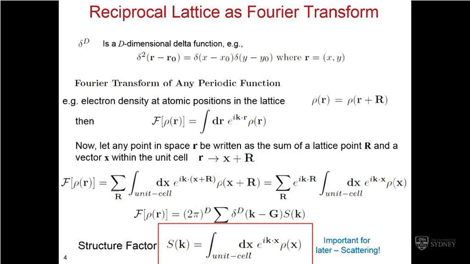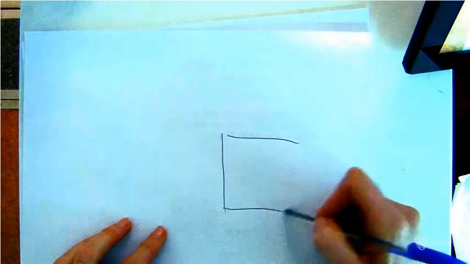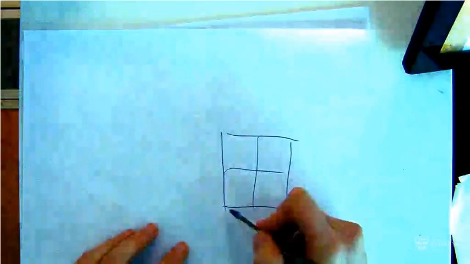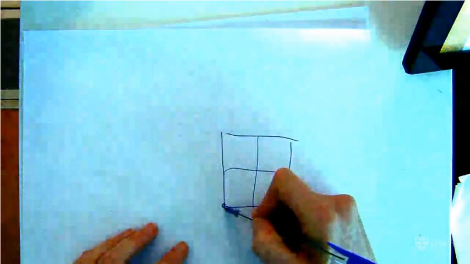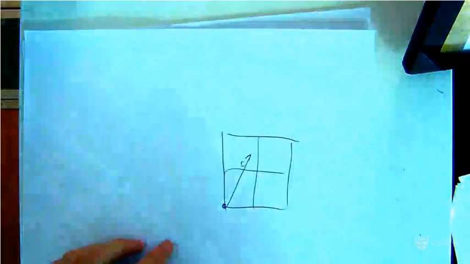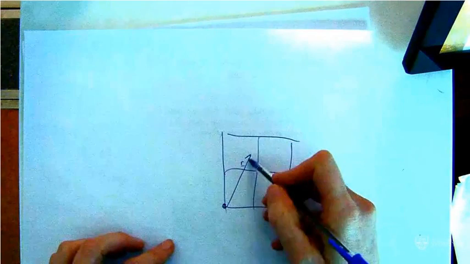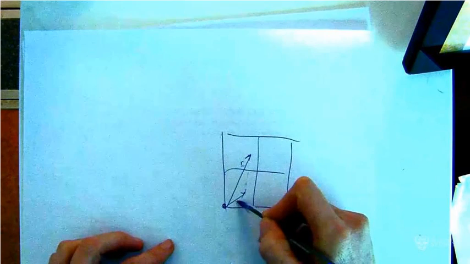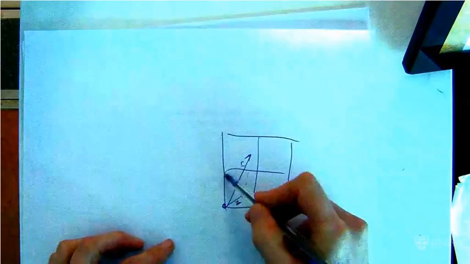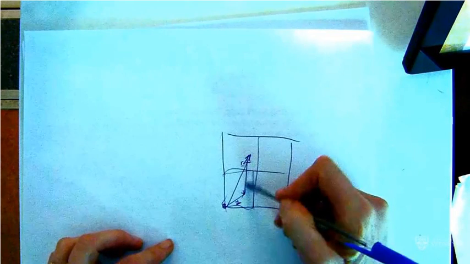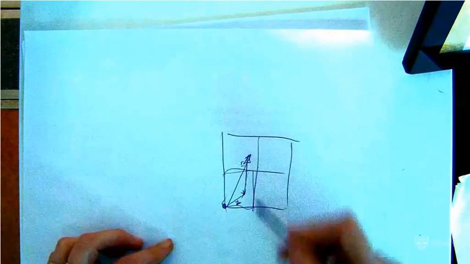So, yeah, what you've got here is you might have a number of unit cells, say just in 2 dimensions, and here's your origin. You might have a position vector r, and so what we are just saying is that this position can be written as the sum of a vector x within this unit cell plus a translational vector which has the periodicity of the cell.